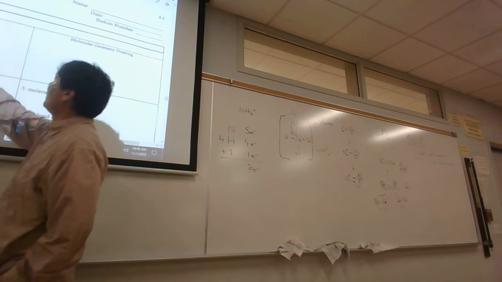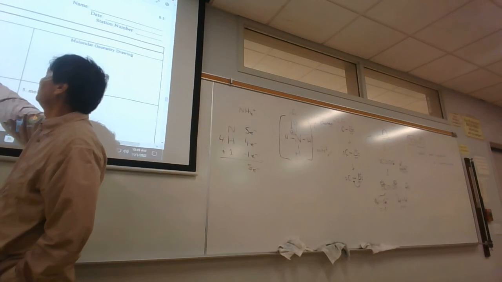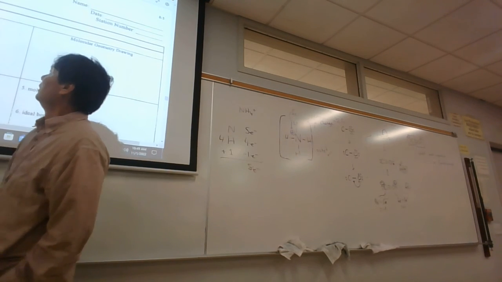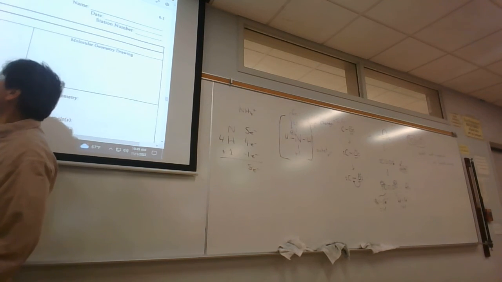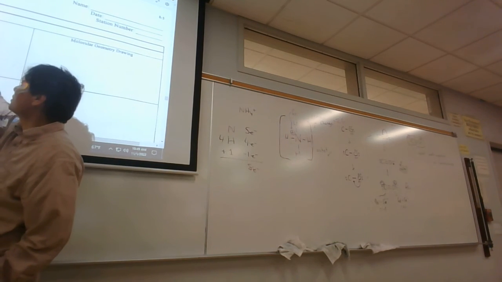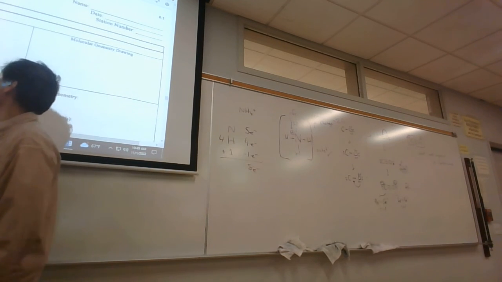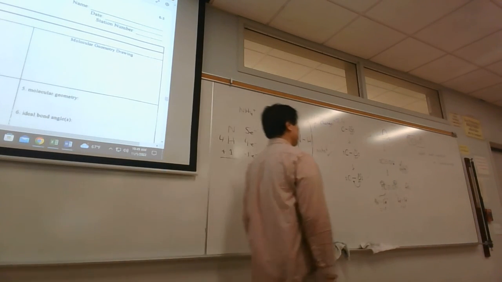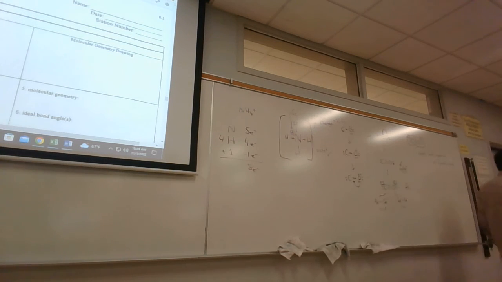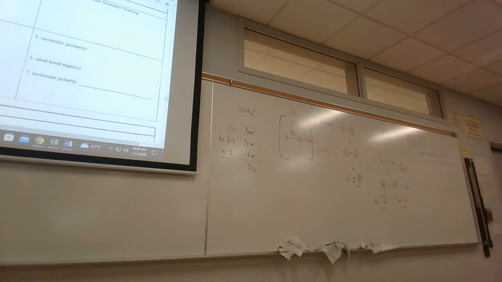Okay, so we have a box for the Lewis structure for ammonia. You're going to draw the Lewis structure and we'll determine the formal charges. Then I'd like you to classify the bond.